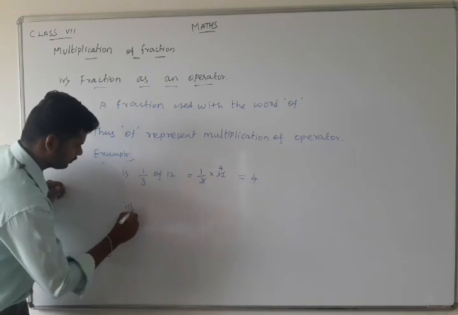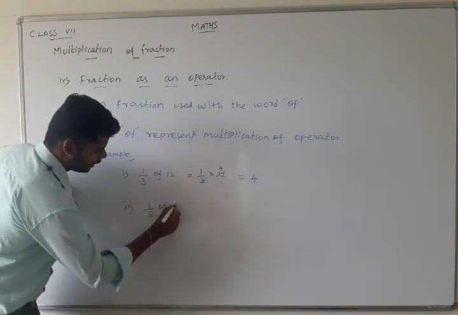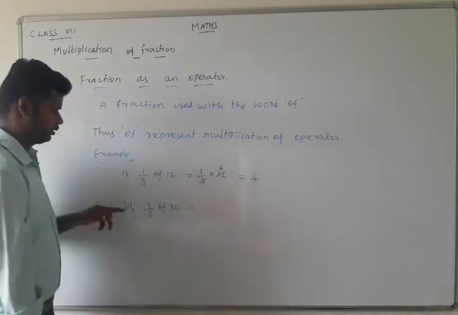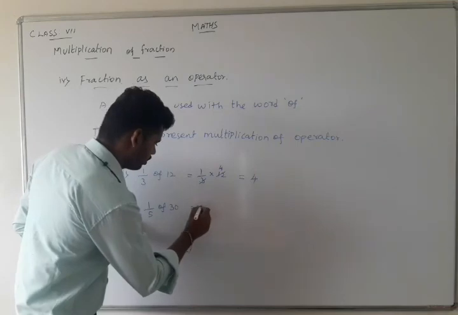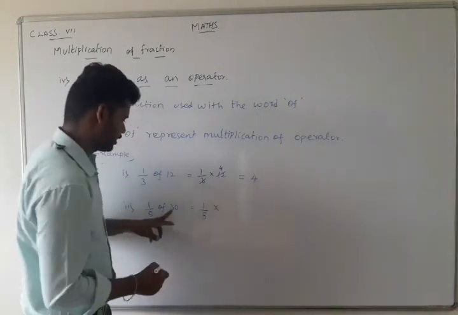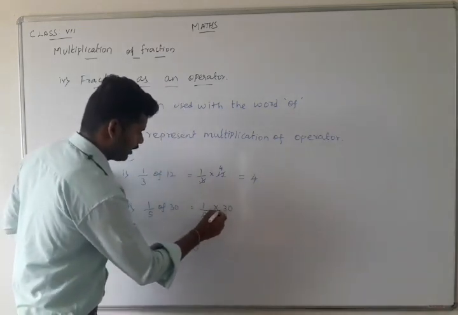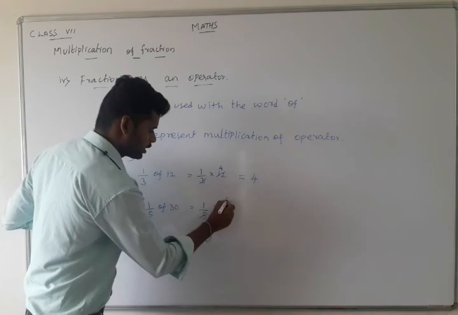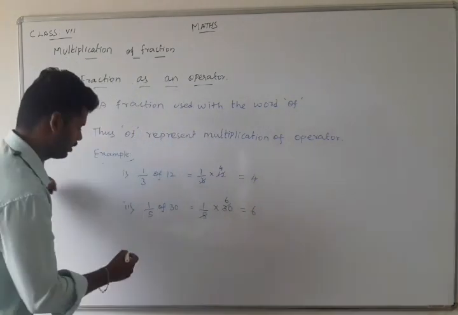Second one, 1 by 5 of 30. 1 by 5 of 30 equal to 1 by 5, of means multiplication, here 30. Here 5 how many times of 30? 6 times. So 1 into 6 equal to 6.